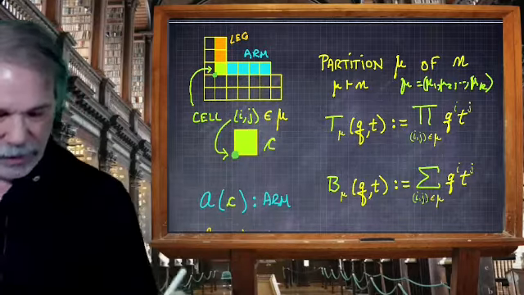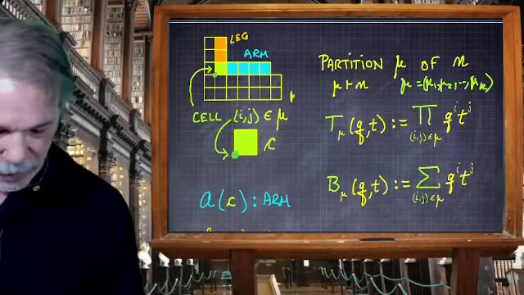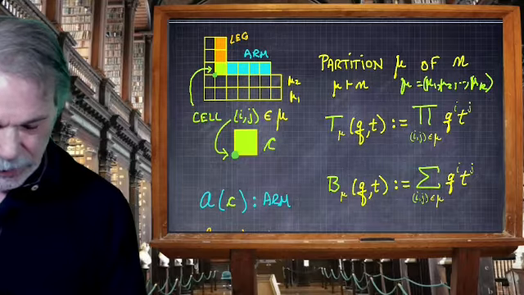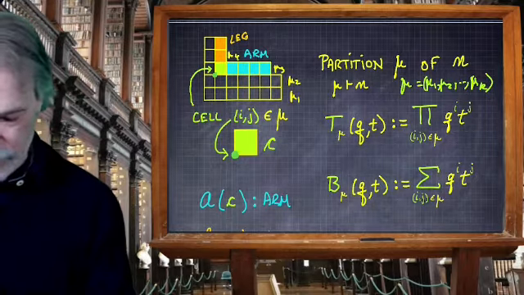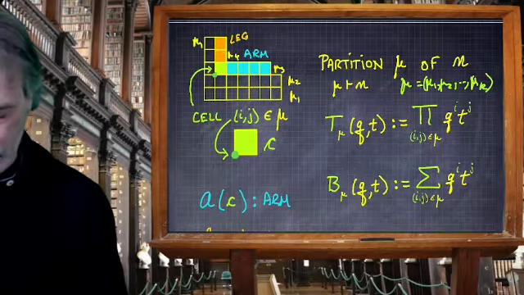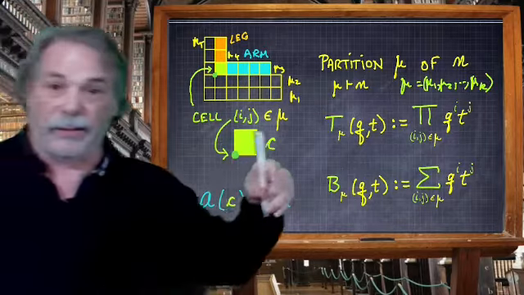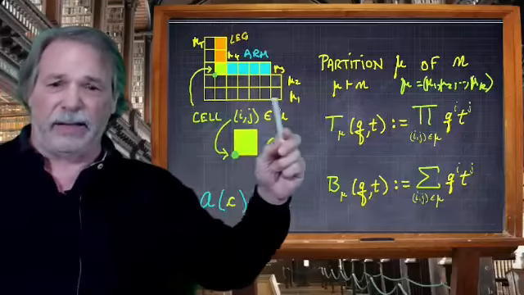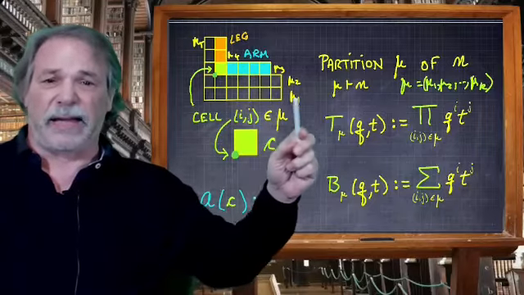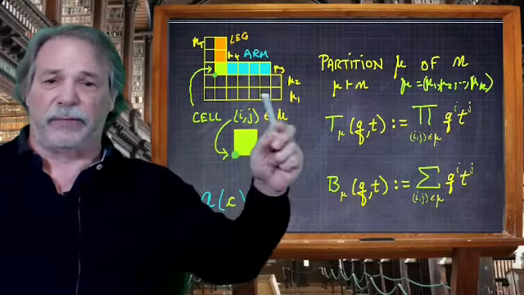So I should use a yellow color: mu1, mu2, mu3, mu4, and mu5. These are the parts of the partition, and the size of the part is the length of the row.